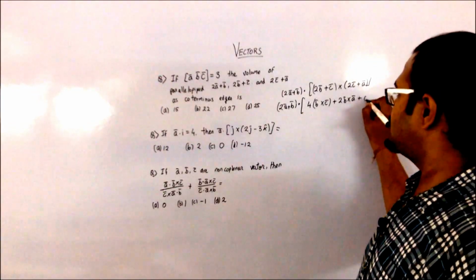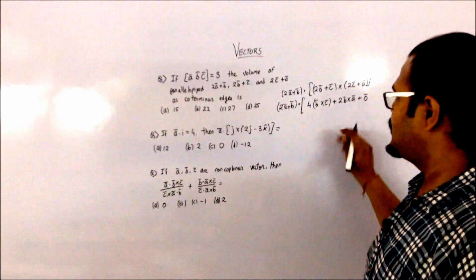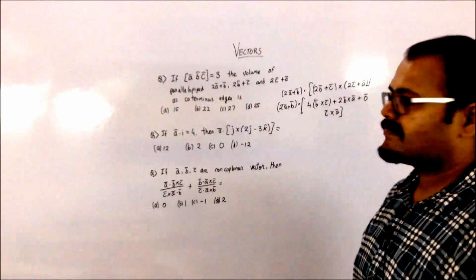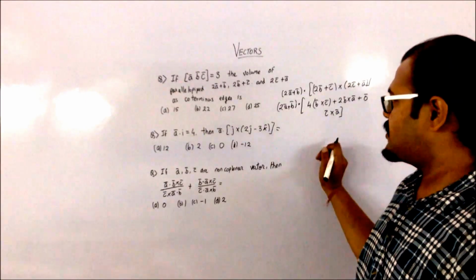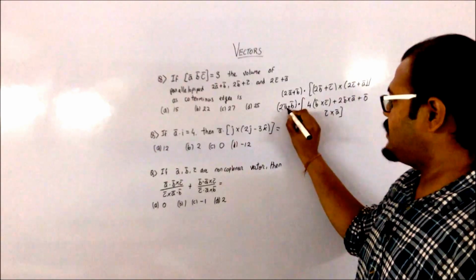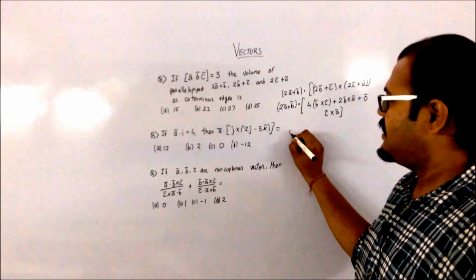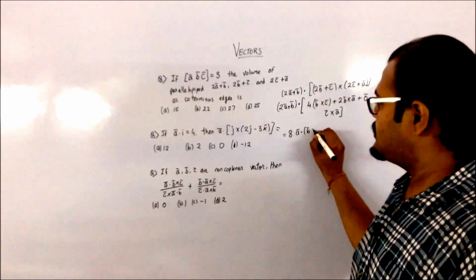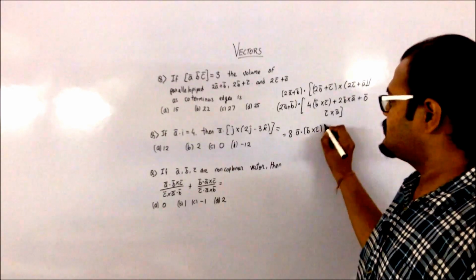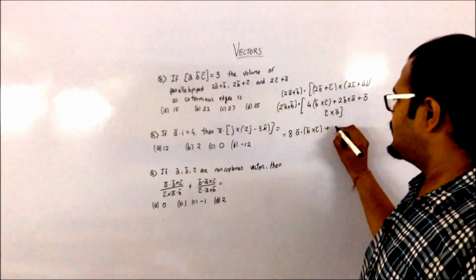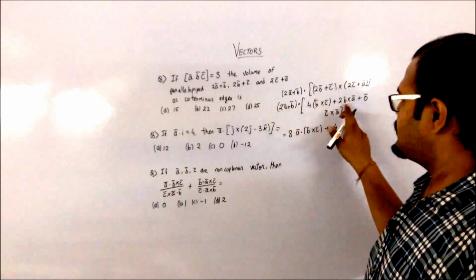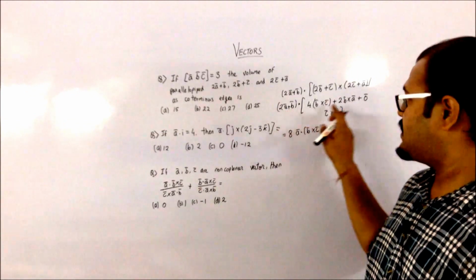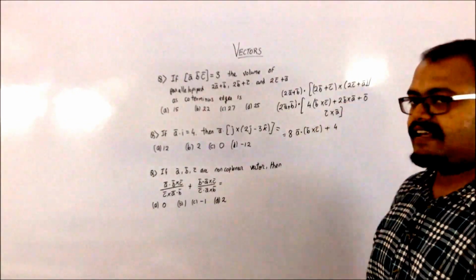And then we will have C cross A. Then moving to the dot product, I will get 2A bar dot this, so it will be 8A bar dot B bar cross C bar, plus 2A bar dot 2B bar cross A bar.